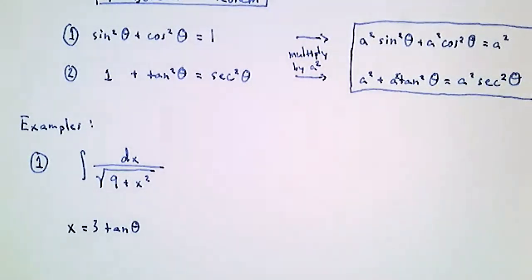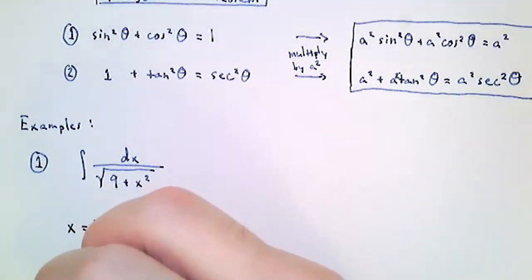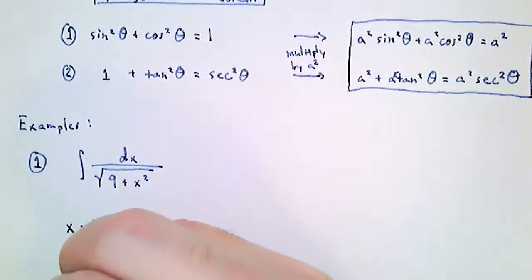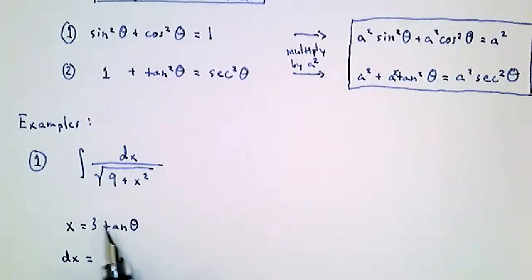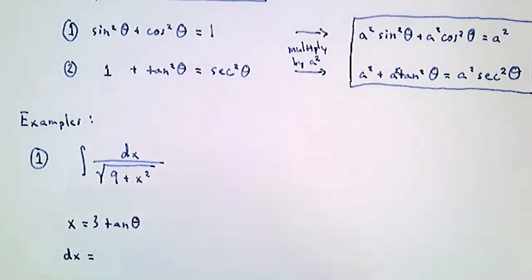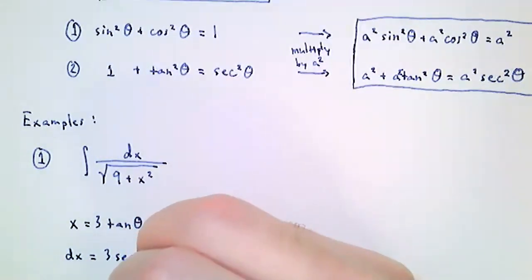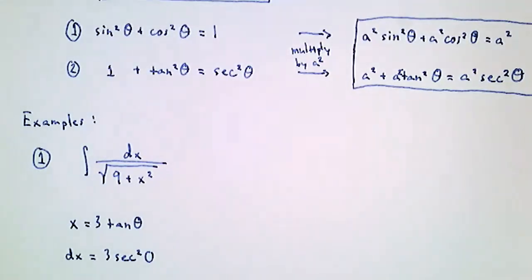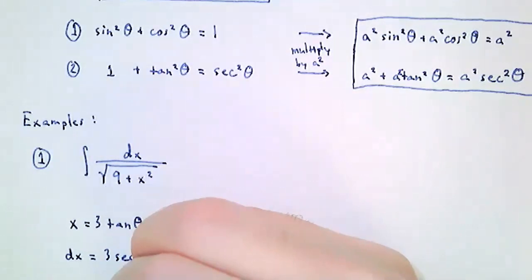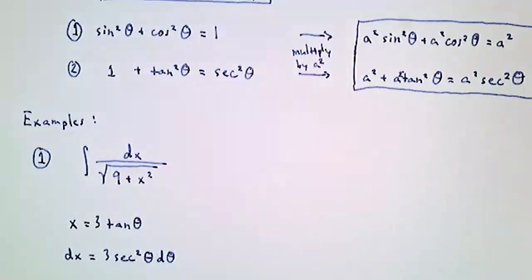But anytime we're doing a substitution in an integral, we have to also worry about dx here, the differential. So dx in this case will have to take a derivative of 3 tangent theta. That'll give us a 3 secant squared of theta. And then I should tag on a d theta to get my new differential here.